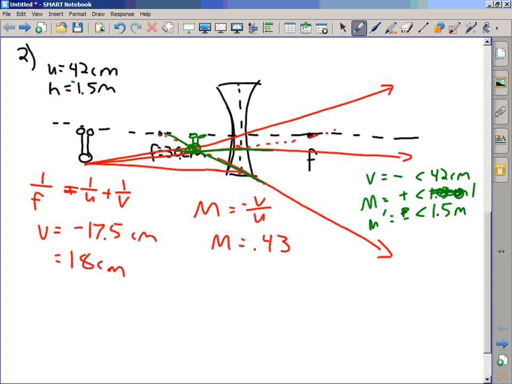Very good. Olivia, last but not least, magnification equals h prime divided by h. So please give me h prime. 0.63. I applied negative, you applied positive going in, so I'm just going to make that negative. So negative 0.63. Unit, please. Meters. You use up here positive 1.5 meters.